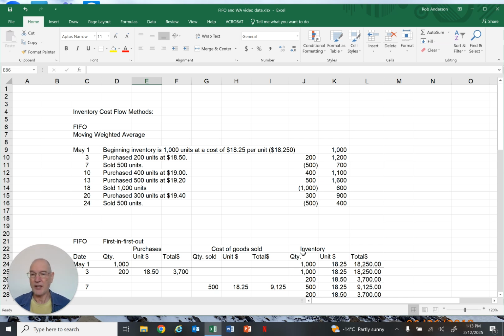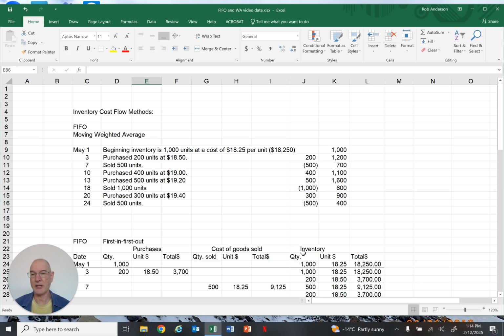With FIFO, it doesn't matter which system you're using because it is simply first in, first out, meaning the last items you purchased make up ending inventory, and starting from your earliest cost from the year, those costs for whatever you sell make up cost of goods sold. So whether you're using the perpetual system or the periodic system, it really doesn't change under FIFO.